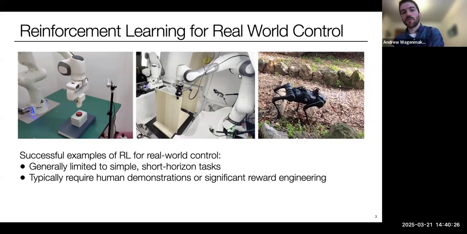And so while RL can work in the real world, we are really not seeing the general powerful behaviors being learned with RL when deployed in the real world as we see in simulation.